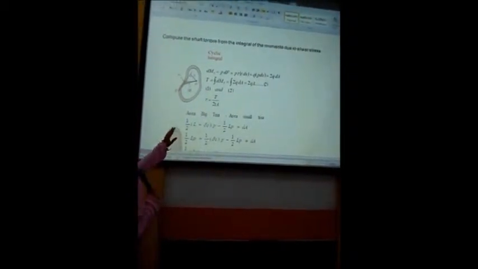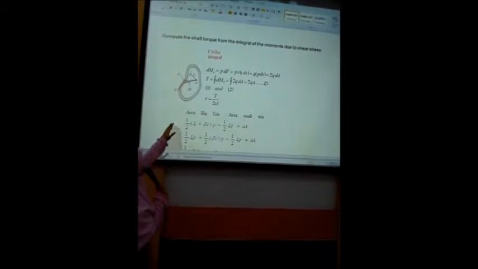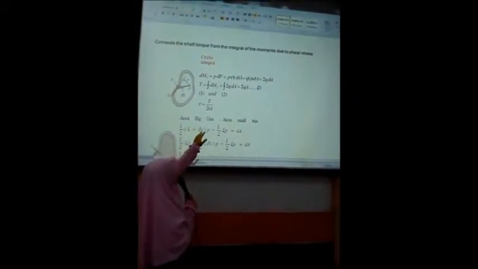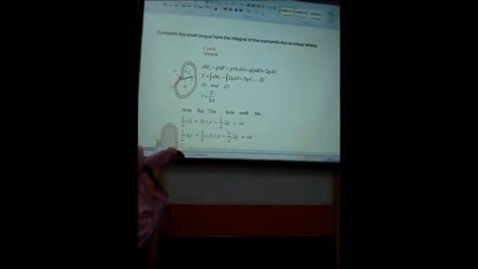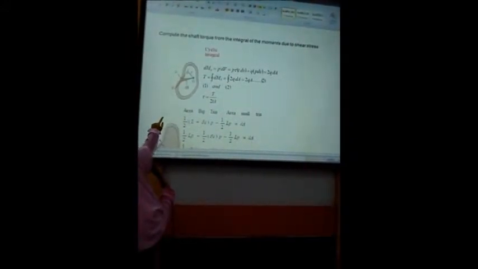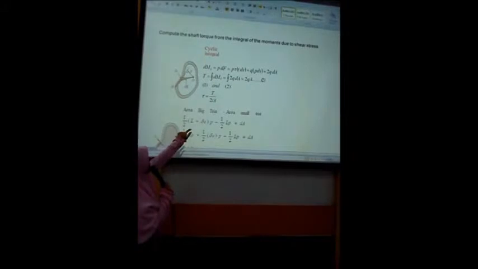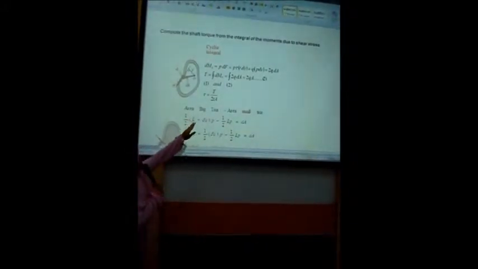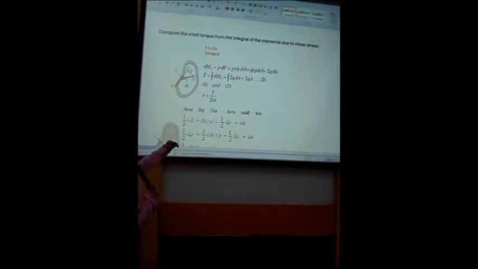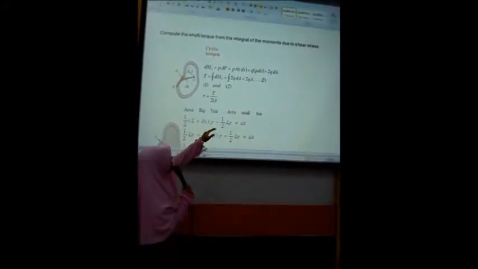Okay, for the small moment, the cyclic integral of small moment equal to PdF equal to P shear TdS. TdS is an area for the small cutting and equal to Q PdS. Q comes from the shear T.